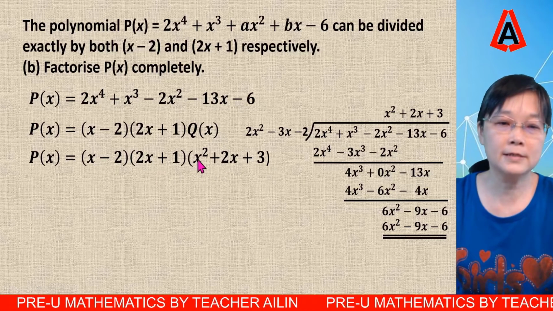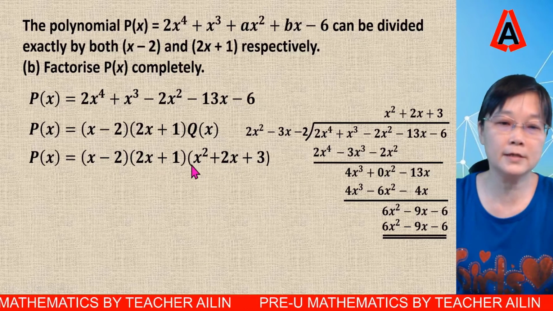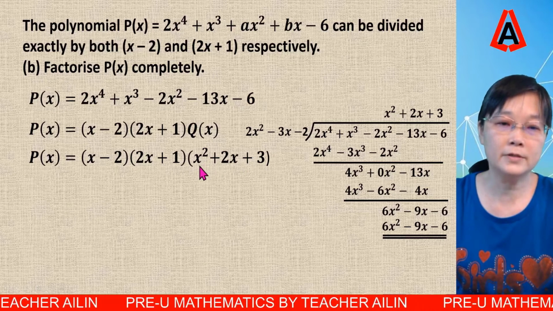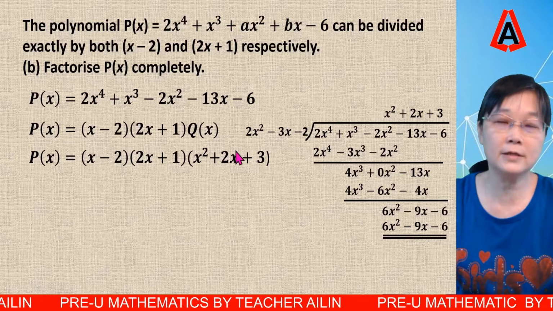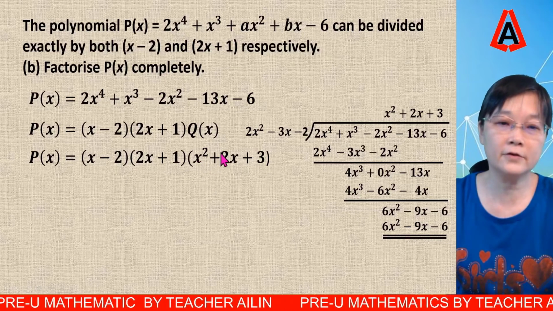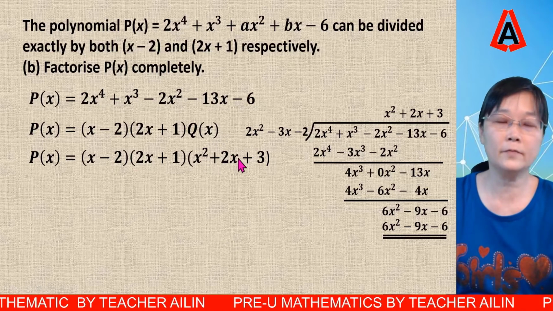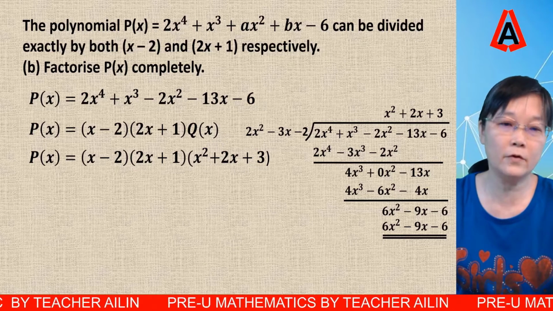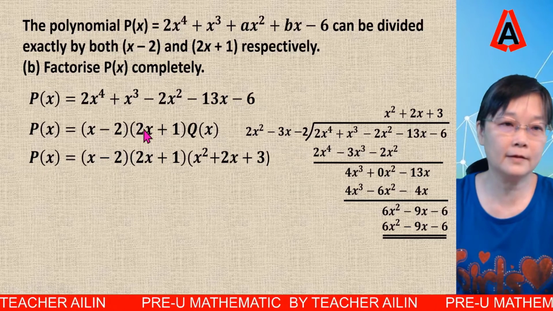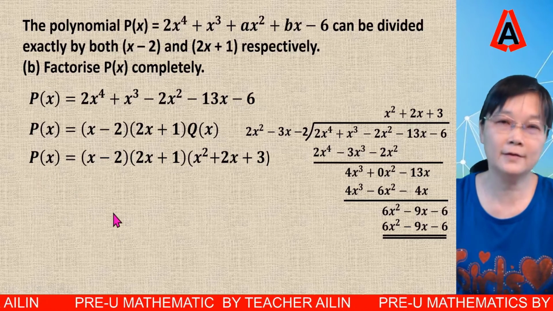Since this quotient is quadratic, we must always double check whether this quadratic can be factorized. And we find that this quadratic is not able to factorize anymore. So now it means I have completely factorized the polynomial.